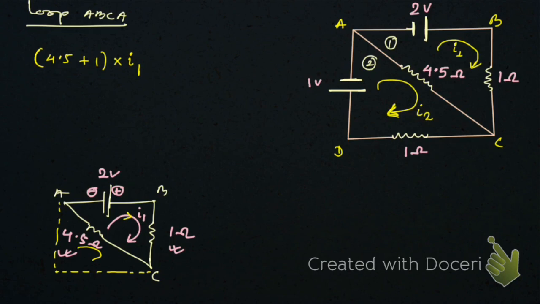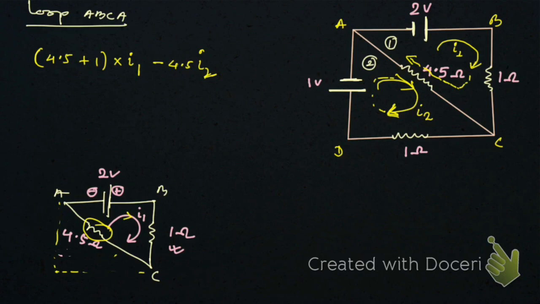If you see the flow of the current in this circuit, this I1 will be in this direction like this, right, and this I2 will be in this direction, opposite. So that's why, only this 4.5 ohm is shared by this loop, so 4.5 into I2, so take this one as negative.